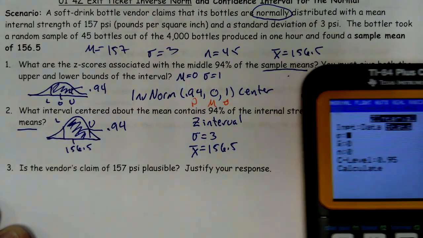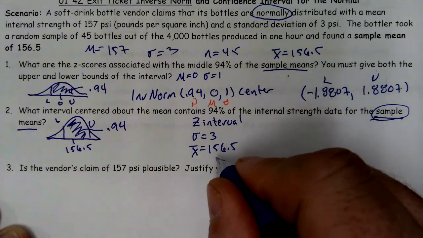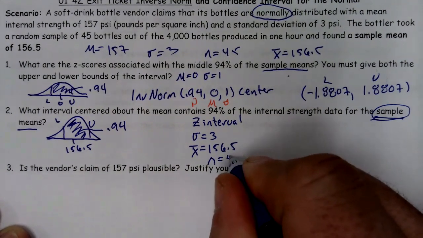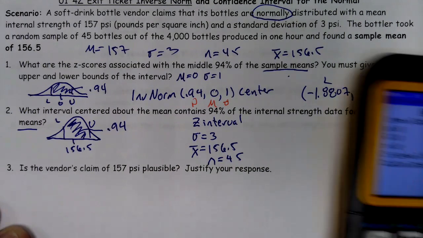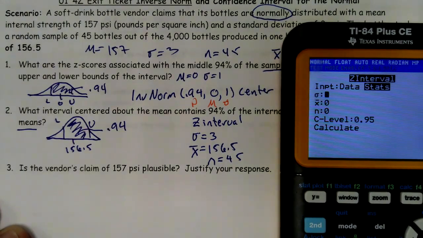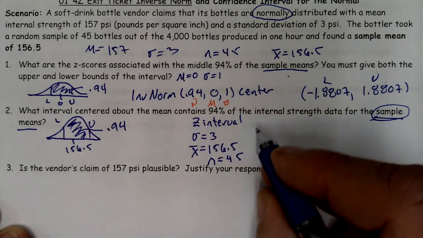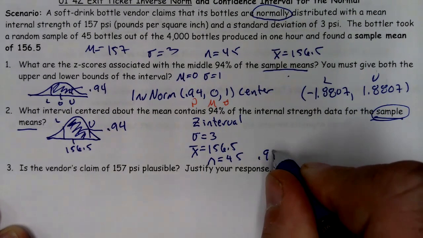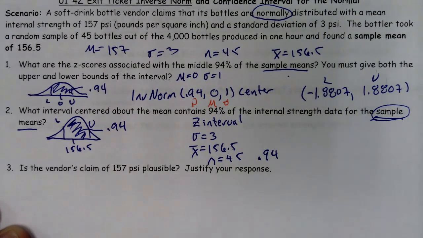Then it asked for our sample size, which happened to be 45. So let's put all that in: standard deviation 3, X bar 156.5, N was 45, and then it asked for our C level, which happens to be 0.94 or 94%.